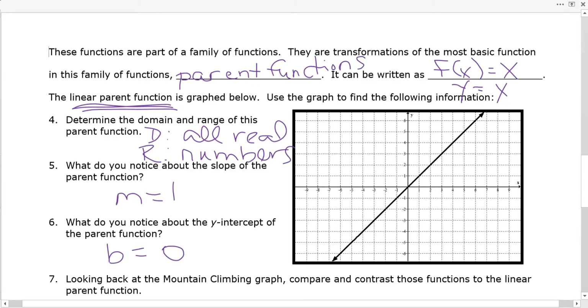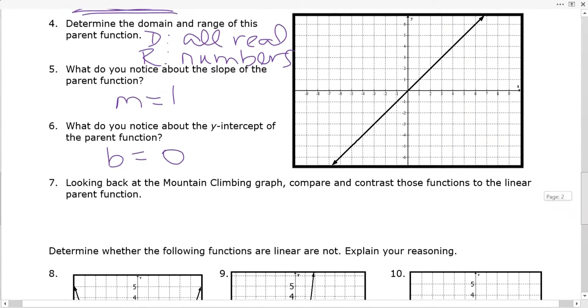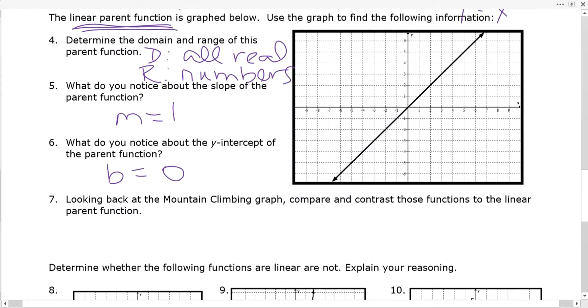Okay, so if this is our parent function, then looking at the mountain climbing one, it's hard to compare the slope because this parent function slope is such a different thing.